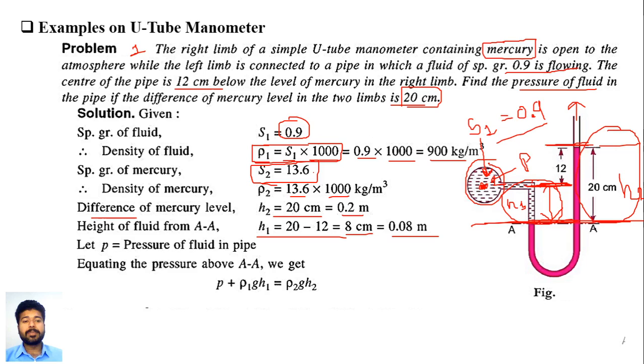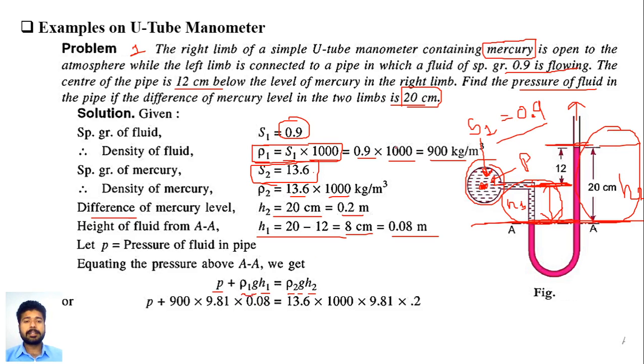In the left limb, we have pressure plus the pressure head of this side, rho 1 G H1, which equals the right side, rho 2 G H2. Okay, so simply put in all the values of density and height.